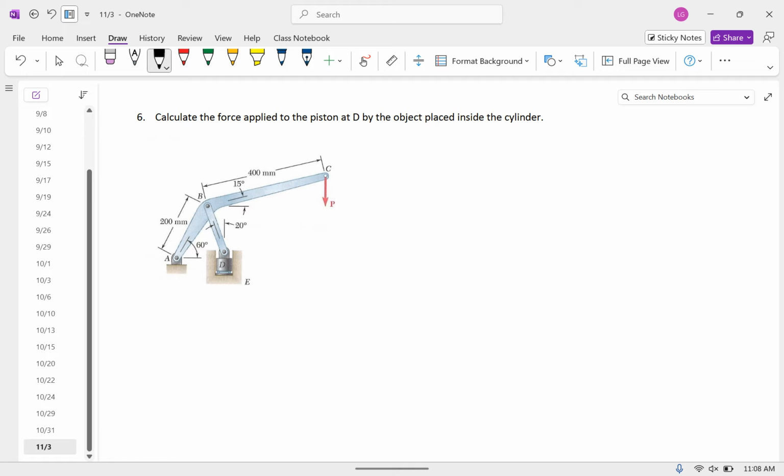Another way you could think of it is to imagine this pin right here on a pin and slot joint. All it can do is go straight up and down. So that's how I'm going to treat this, like a pin and slot joint with a vertical force acting that way.